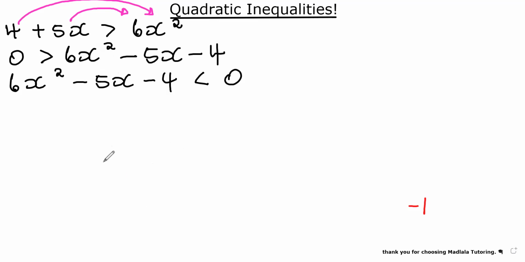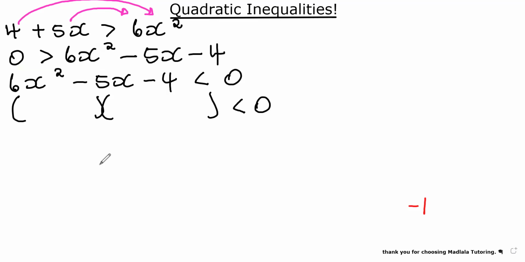And remember, we try by all means to avoid working with fractions. And remember what I told you, you don't use the quadratic formula in inequalities, but you can actually use it, but don't show it, all right? What we want to see here is the factors, nothing more and nothing less.